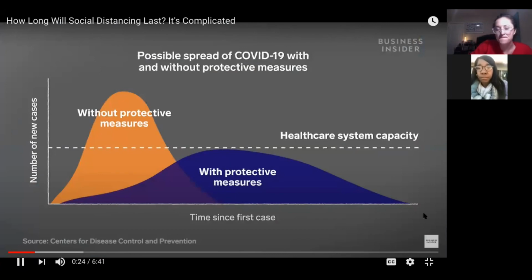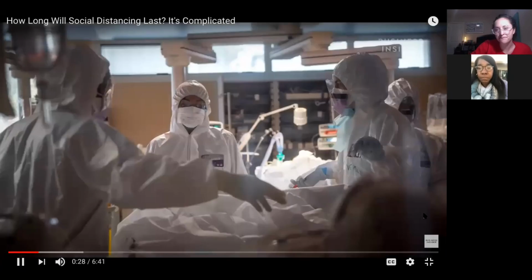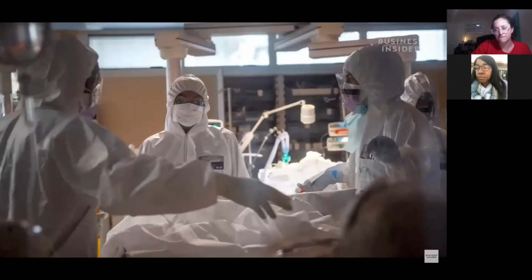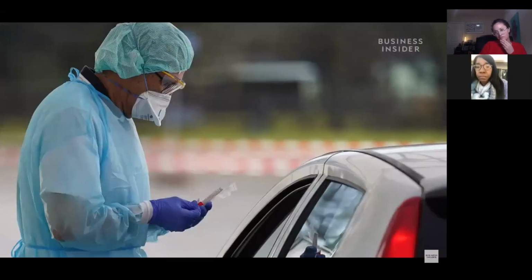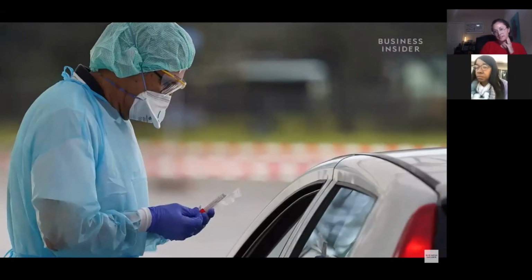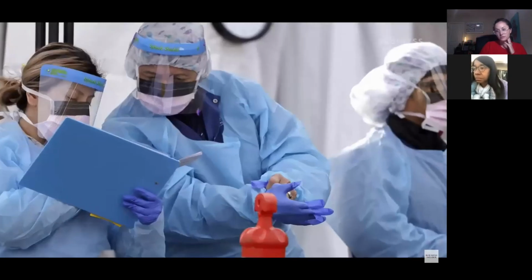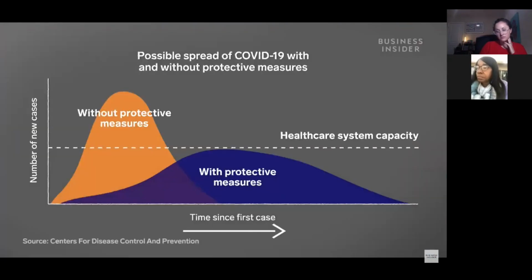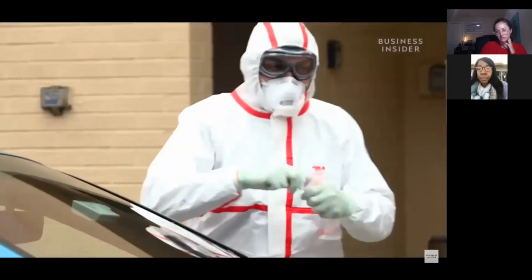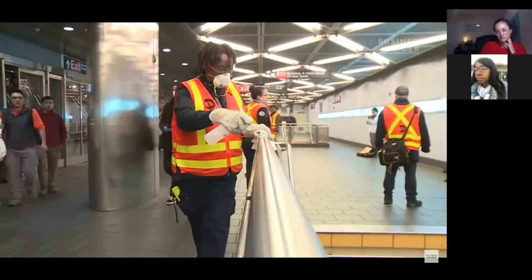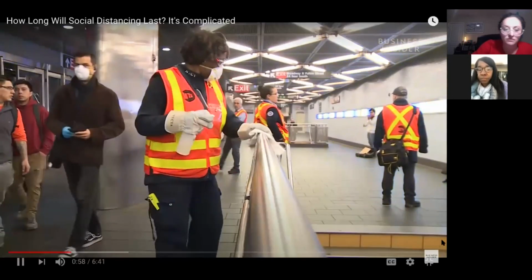If social distancing goes well, this curve will be flattened, allowing hospitals to take in and discharge patients without being overwhelmed. The result? More people will get access to the healthcare and attention they need, and hopefully, fewer people will die. But the x-axis represents time since the first case. If you lower the peak, the pandemic might last longer, because the number of new cases will be spread out over a longer period of time. But the question on a lot of people's minds is exactly how long will that be? Right now, the world is trying to both flatten and shorten the curve. Fewer cases.